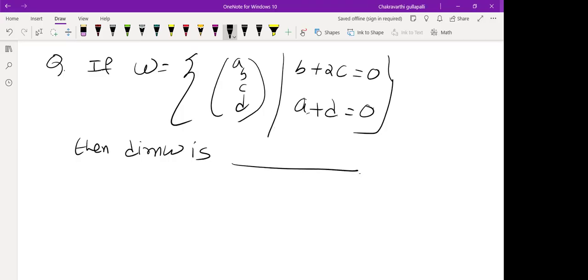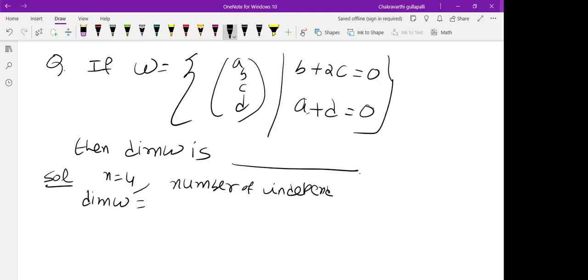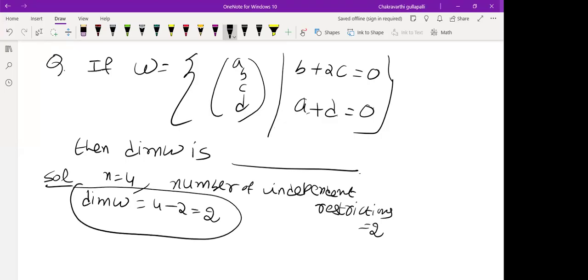So total variables, n equal to 4. The number of independent restrictions is 2. Independent means no variable common. Therefore, 4 minus 2 is 2. Even otherwise, if you don't know this formula, how to do it?